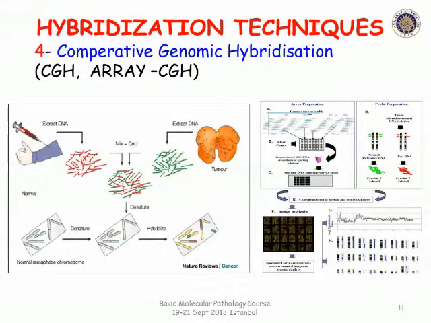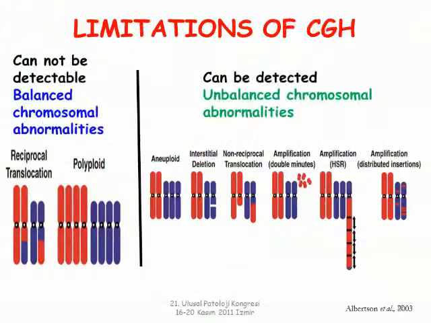Comparative genomic hybridization, or array CGH, Dr. Hunt has also talked about it a little bit. This is something with which you can examine all the chromosomal abnormalities in a cell or in a tissue. This technique depends on comparing the chromosomes of normal tissue or cells with those of pathological or tumor cells. By comparing these chromosomes, you can tell how many chromosomal abnormalities are present in the tumor tissue.